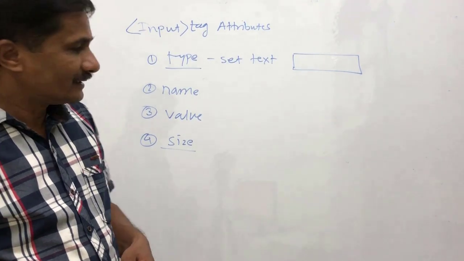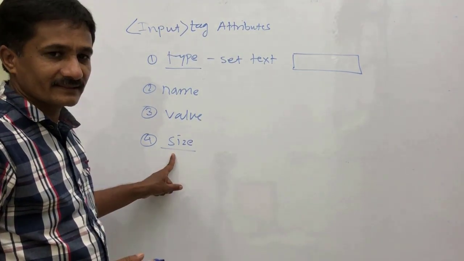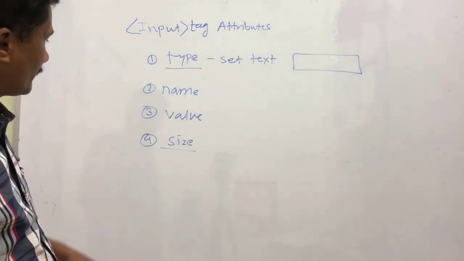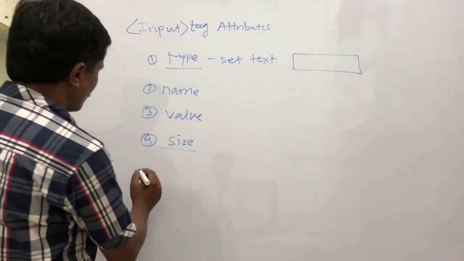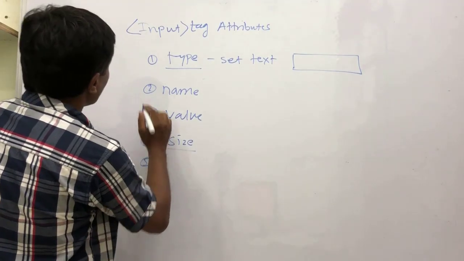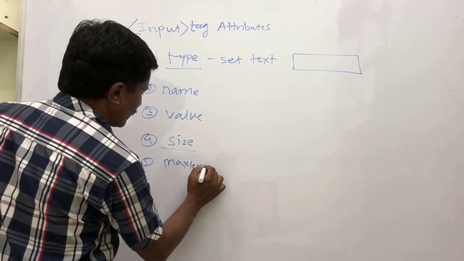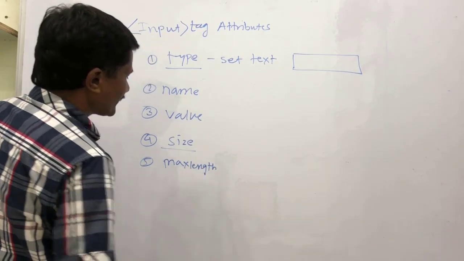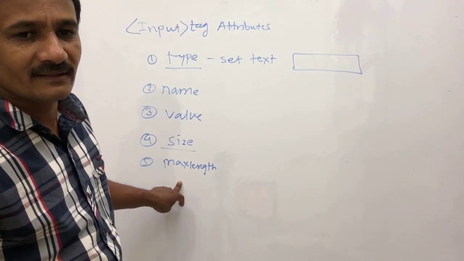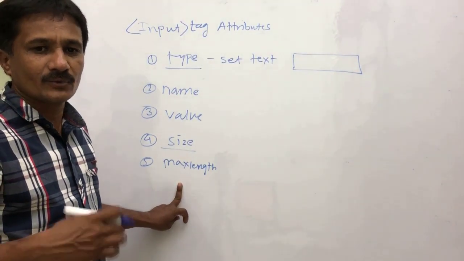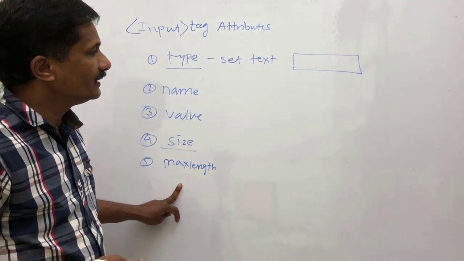Next attribute is max length. The fifth attribute of the input tag is max length. Max length means to specify the maximum number of characters a user can enter into the text box.